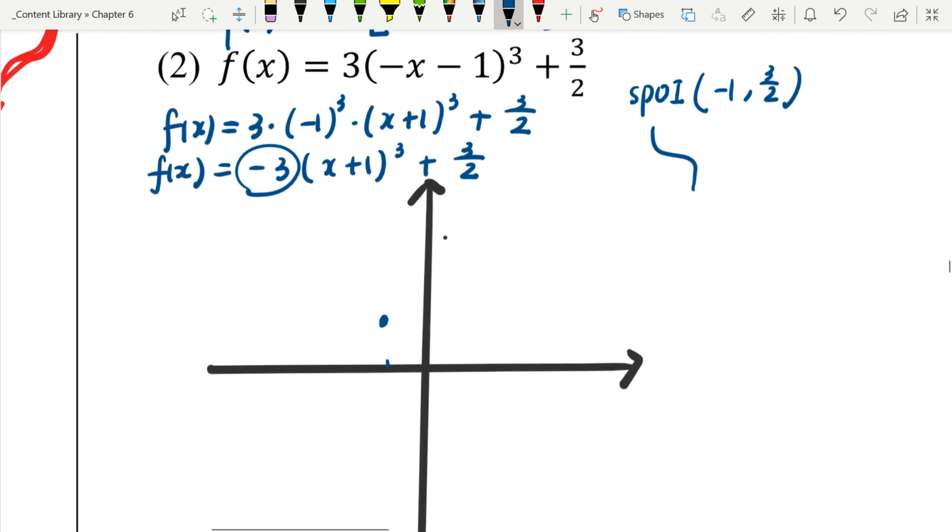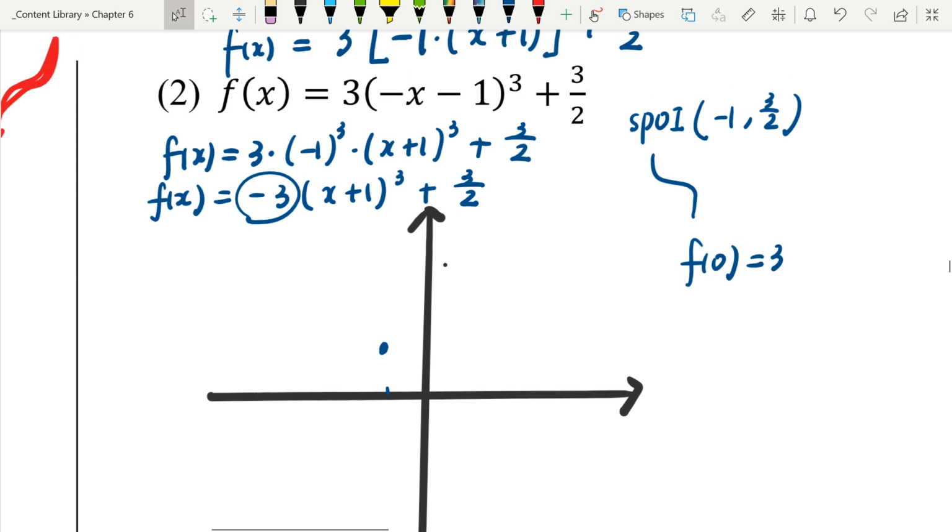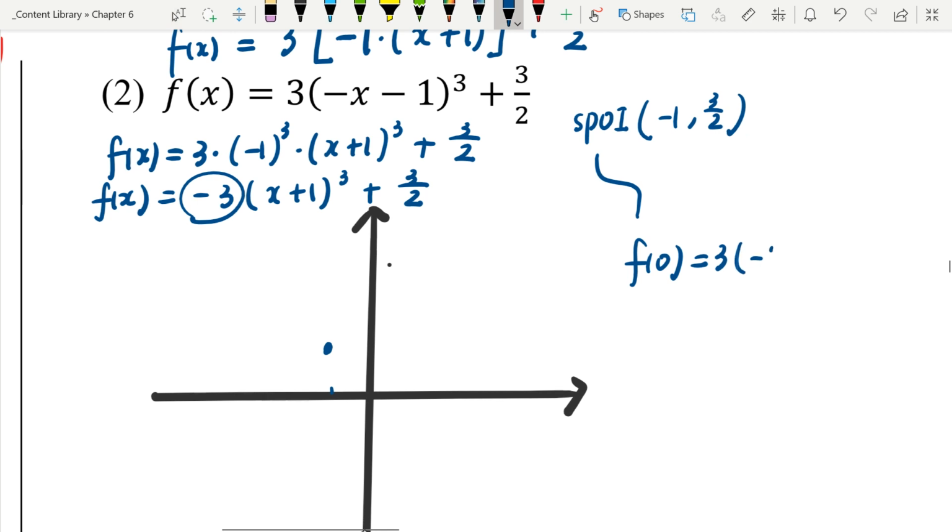So we can make f(0) to make x equals 0. Then we have minus 3 times (0 minus 1) cubed plus 3 over 2. That's minus 3 plus 3 over 2. That's a minus 6 over 2 plus 3 over 2, so it's minus 3 over 2.